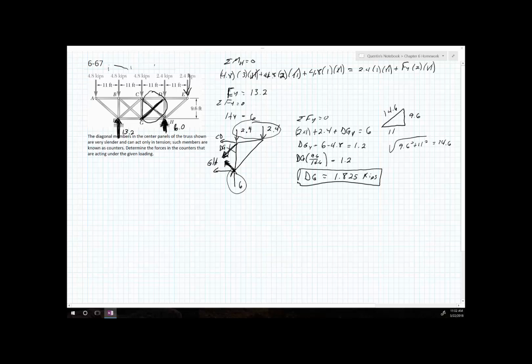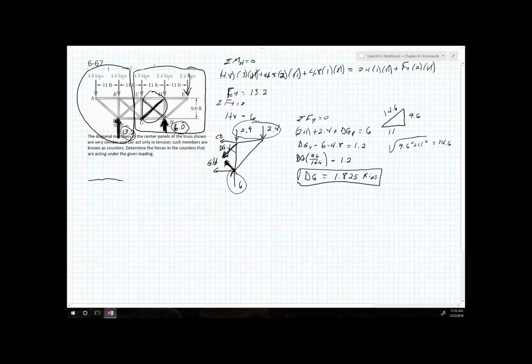Okay, so now let's do this section right here. You could either do that section or this section, and it turns out either way is going to be fine. So the fact that I calculated both of these early on, I'm going to go ahead and just use this left side. So here we have a nice little triangle, which I just drew wrong.